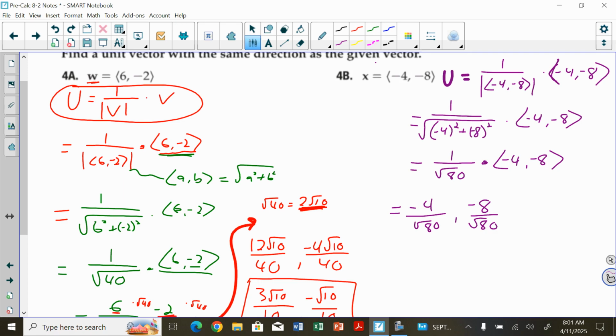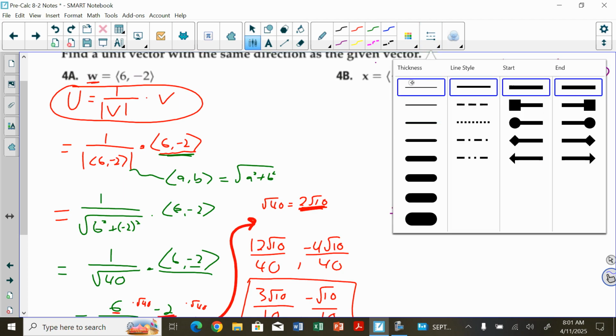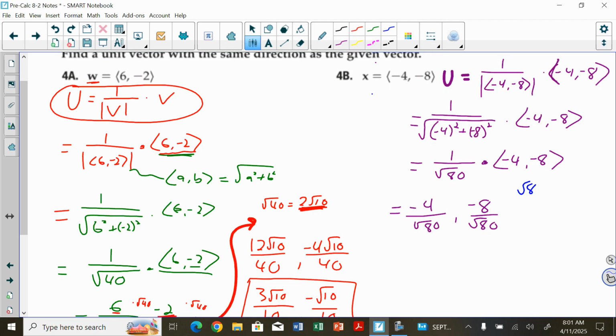And then just remember, a little side note, that the square root of 80 equals 4 times the square root of 5. Okay, when we rationalize that, it would be 16 times 5 in there. 16 is a perfect square, so you pull out the 4.